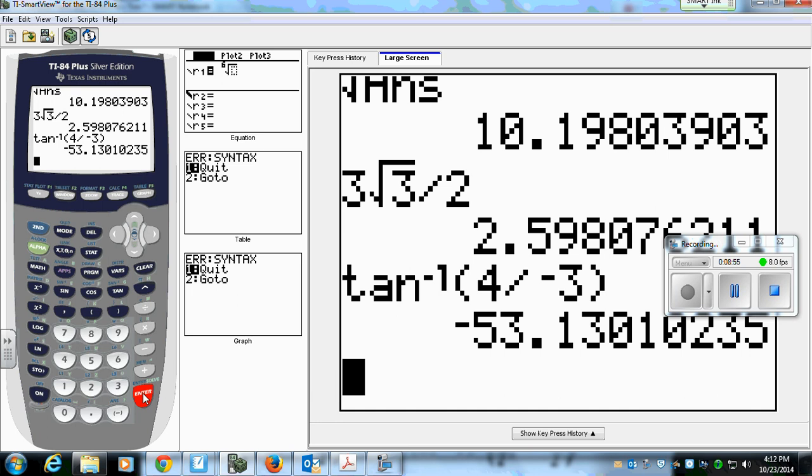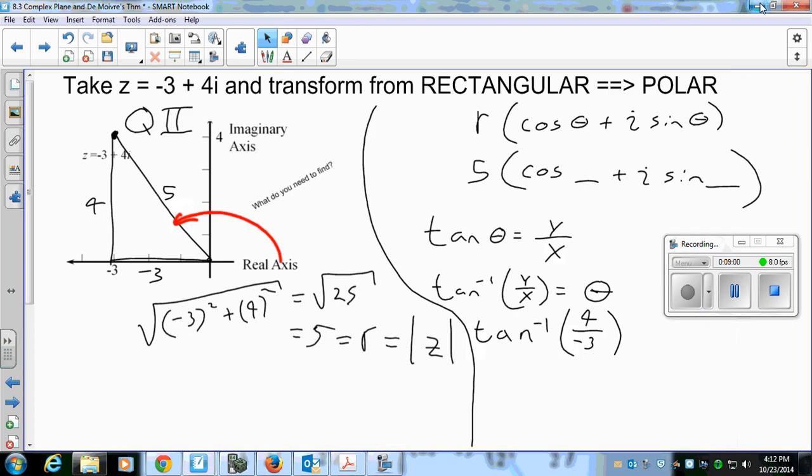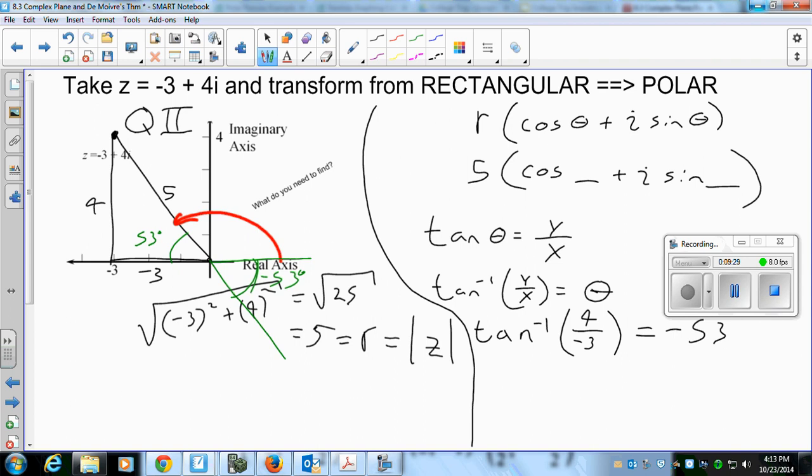Recognize that that is a quadrant 4 angle. Negative 53 degrees is going to be an angle down here. This angle is the same here as it is here, 53 degrees. So if I want to find this quadrant 2 angle, I know that this gives me an angle of negative 53 degrees.